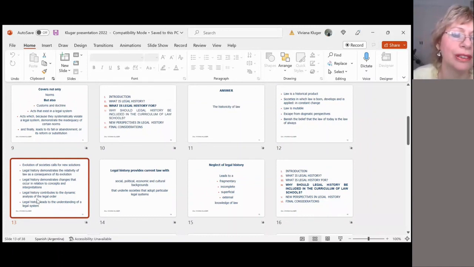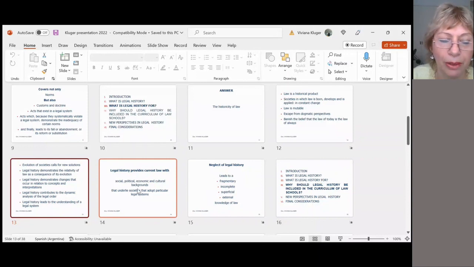Legal history demonstrates the relativity of law as a consequence of its evolution. Legal history demonstrates changes that occur in relation to concepts and interpretation. Legal history contributes to the dynamic analysis of the legal order. Legal history leads to the understanding of a legal system.